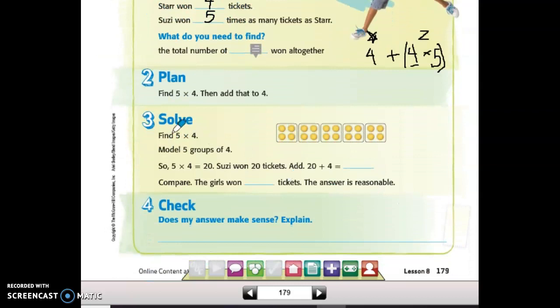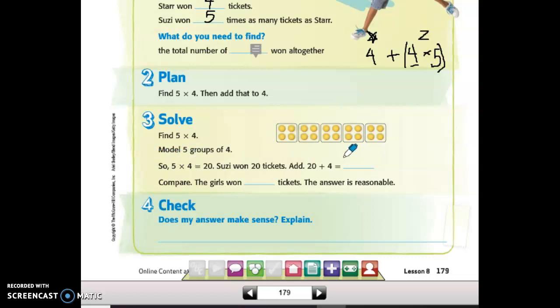And they made us a model, 4 in each group, and we have 5 groups. If I count all these dots, 4, 8, 12, 16, 20. And our little song, 4, 8, 12, 16, 20, and it goes on. So 5 times 4 is 20. Susie won 20 tickets.